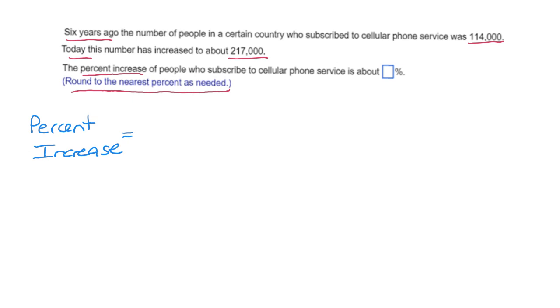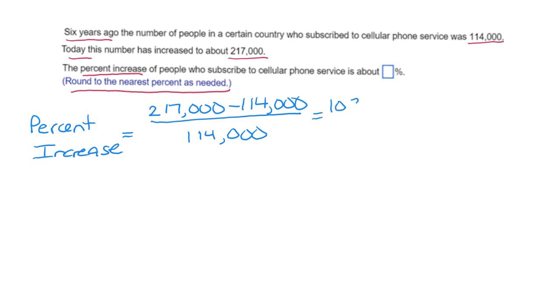And we said it's going to be the larger number minus the smaller number, and divide it by the original number. So the original number happened 6 years ago. And once again, you can keep working this, or you can place it in your calculator. The main thing is knowing how to set these up correctly.